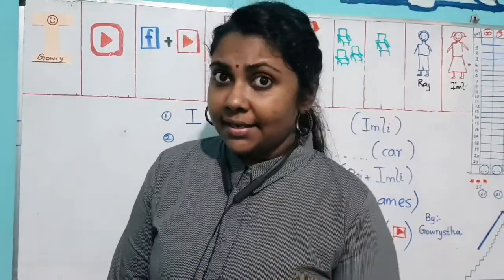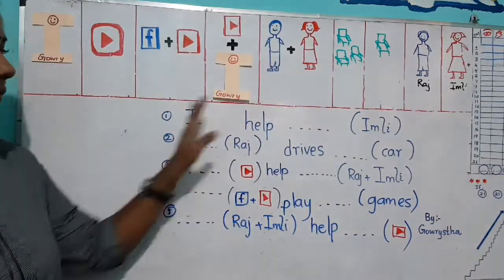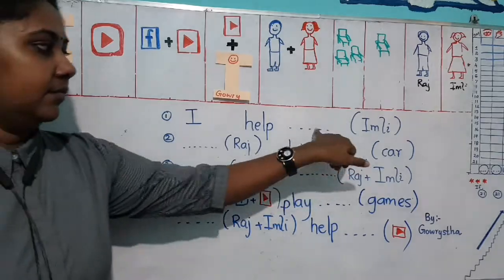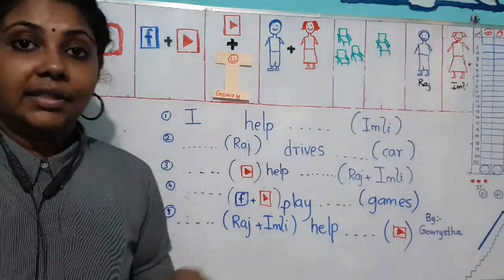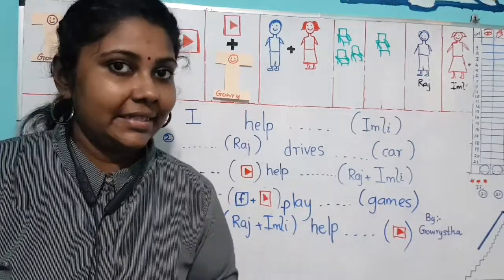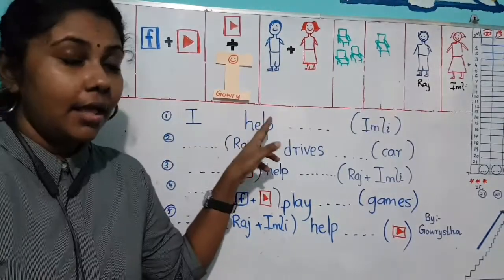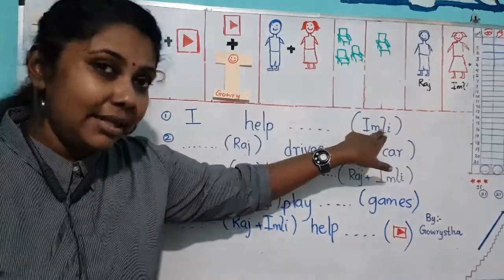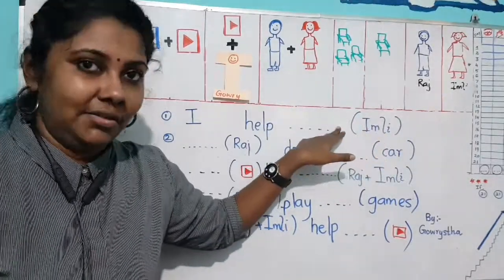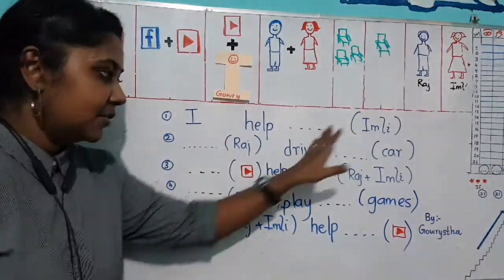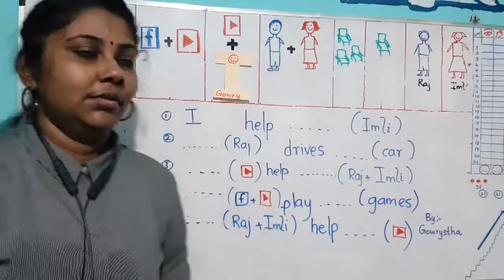Now, exercise, okay? Fill the blanks, fill it. Example, I help Emily, her. Good. I help her. Do it now.